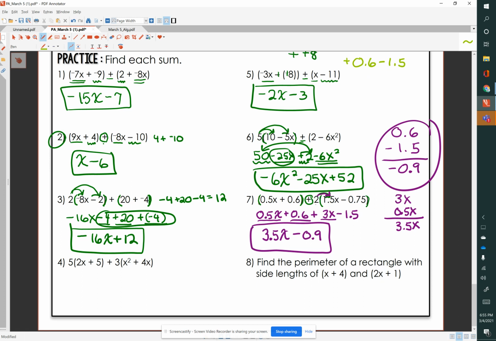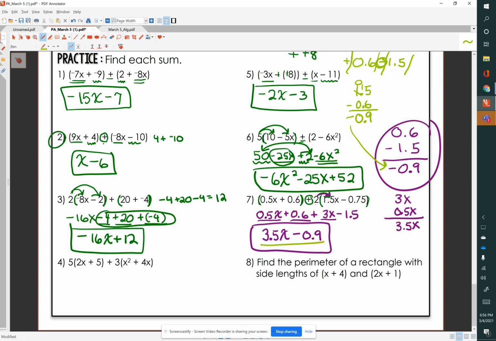So if I ignore the signs, I have 0.6 and I have 1.5. So I'll start with the larger number and subtract the smaller number. 6 from, I'm going to borrow from there, that gives me a 9. 0 from 0 is 0. Then I'm going to go back and give the sign of the larger number. And that's how I got that. And then that's the final answer.